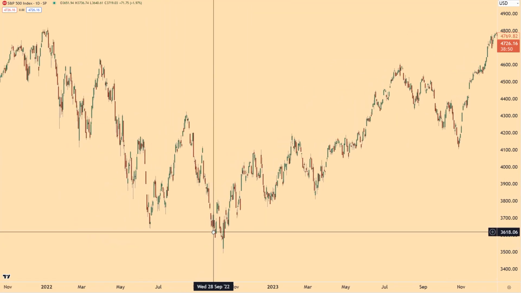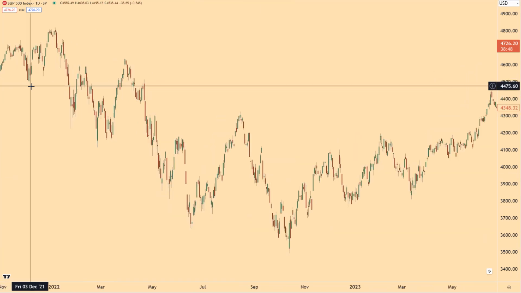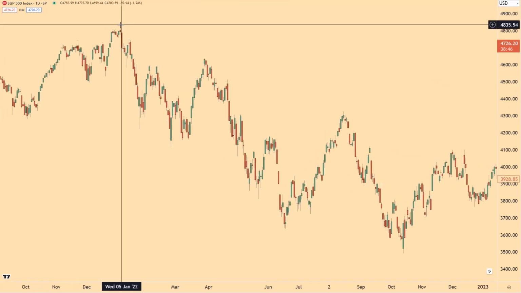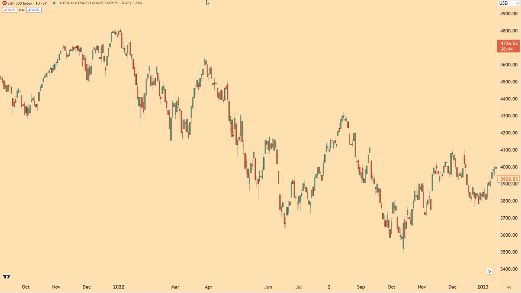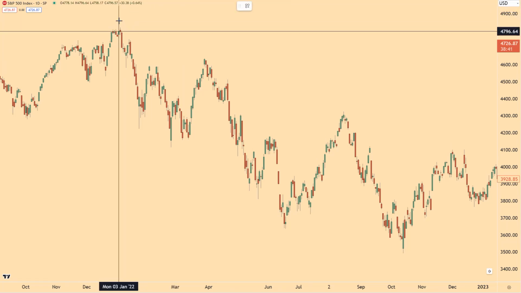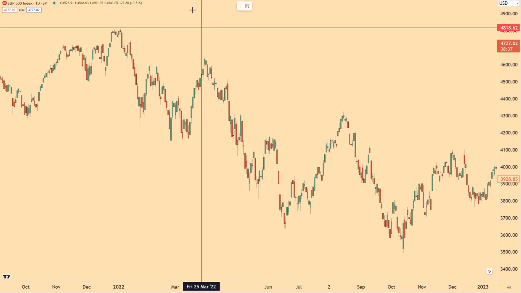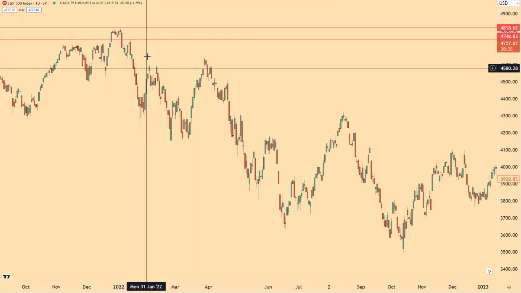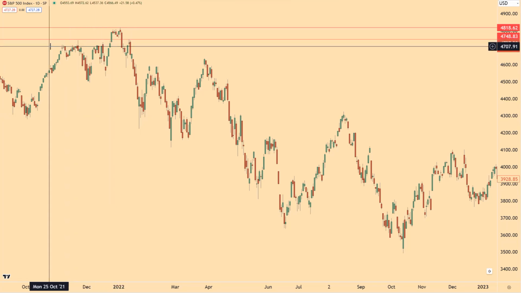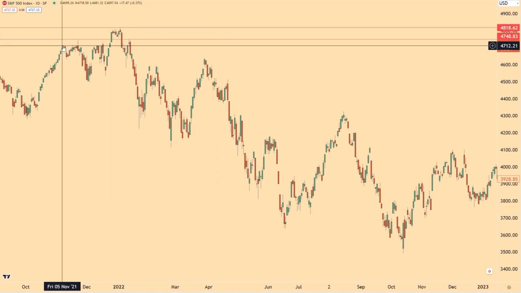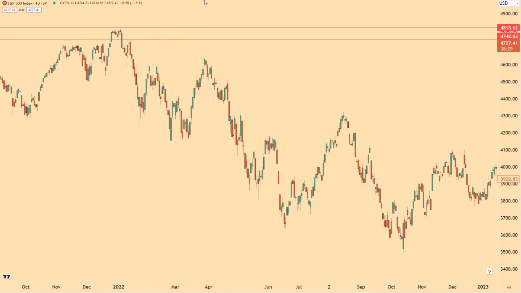So let's look at this high right here back in early 2022. We see that there's a high right here. We see that there's a lower high that comes right after it. It's not quite as high, obviously. We see that there are lower highs right before it, the first one being here, then here, and then here.